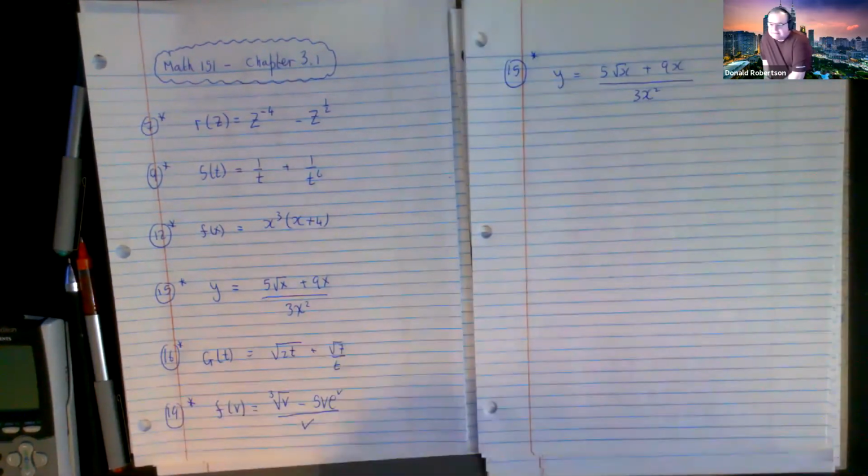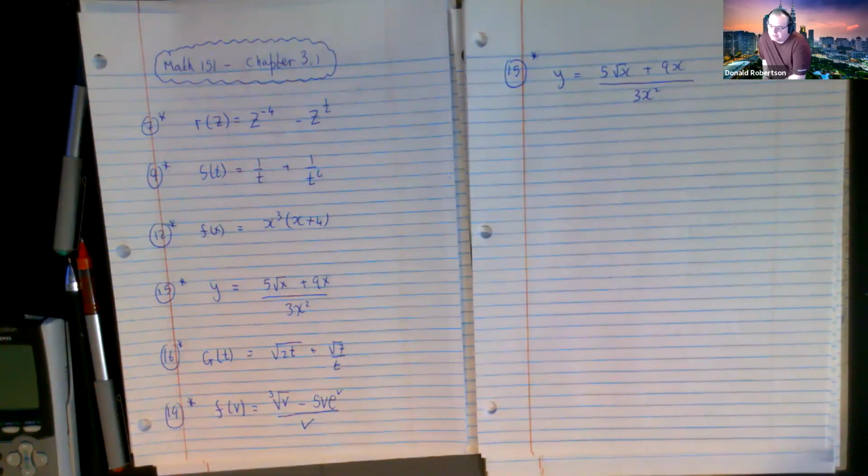Would you agree that this one is definitely not ready to be differentiated? It's ugly, and we need to figure out some way of rewriting it as powers of x so that we can do the power rule on it. Any suggestions about what we can do?